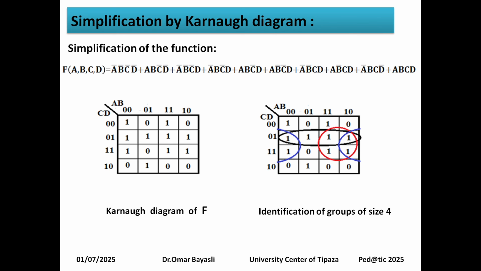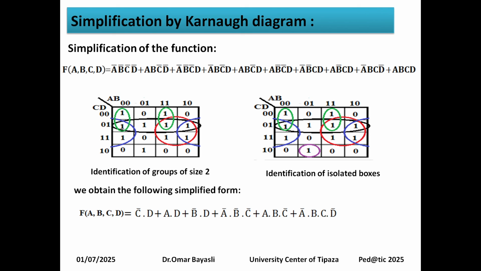The simplification of the function of 4 variables a, b, c, d. We start by placing ones in the different boxes. After that, the identification of groups of size 4. Then we pass to the identification of groups of size 2.